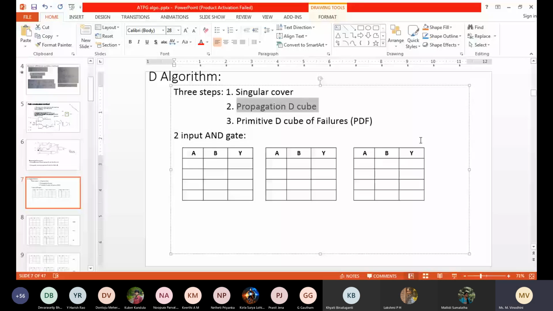For XOR and XNOR, singular cover is not possible. Only propagation D cube is possible. So now, let me take a 2 input AND gate, and I am going to explain how to get the singular cover and propagation D cube.